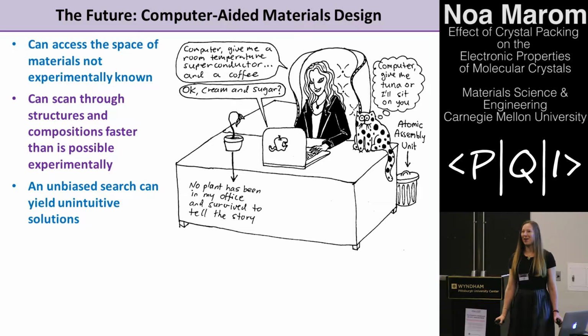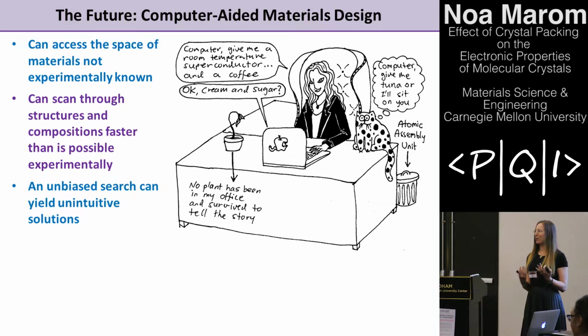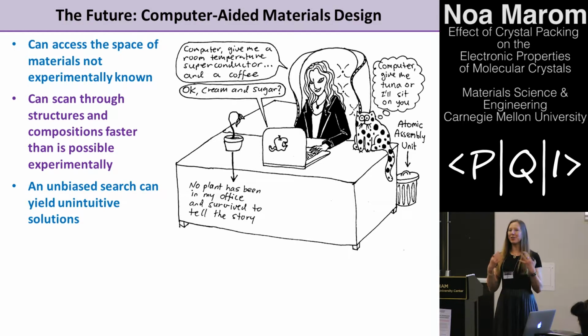The advantage of designing material on the computer is that on the computer we can do whatever we want. We can arrange the atoms however we want. And so we can explore the uncharted territories of materials that haven't been made yet.